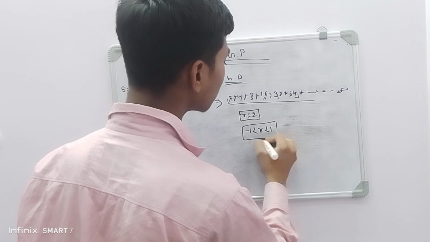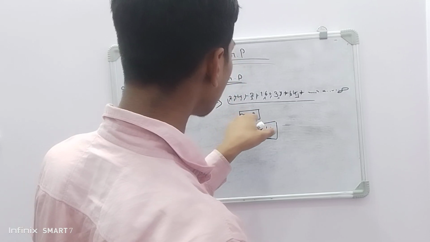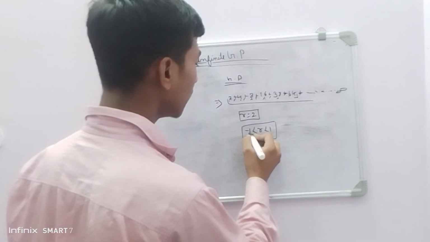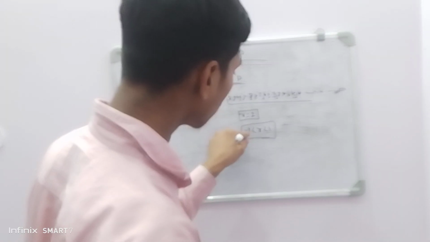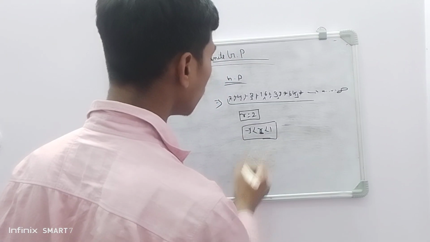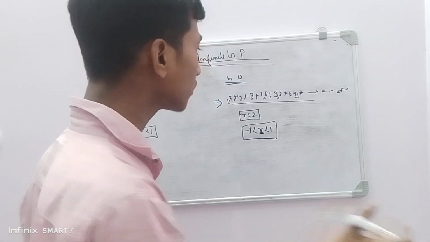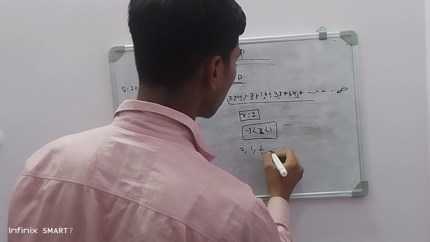As you are able to see, the common ratio is 2 in this GP. Let's suppose another GP in which R lies between -1 and 1, then you could calculate the sum of the terms of the GP. Let's suppose another GP: 2, 1, 1 by 2, 1 by 4 and 1 by 8.